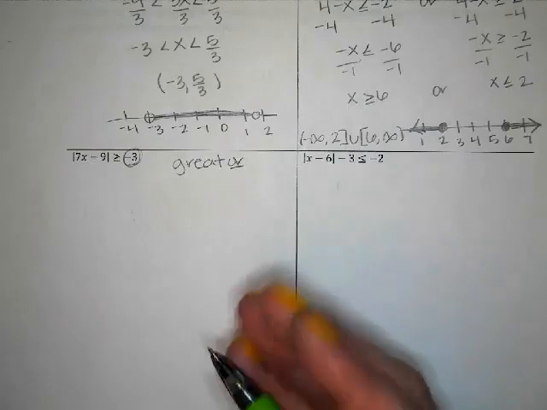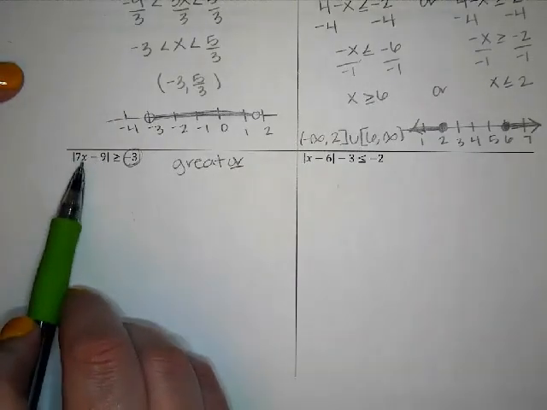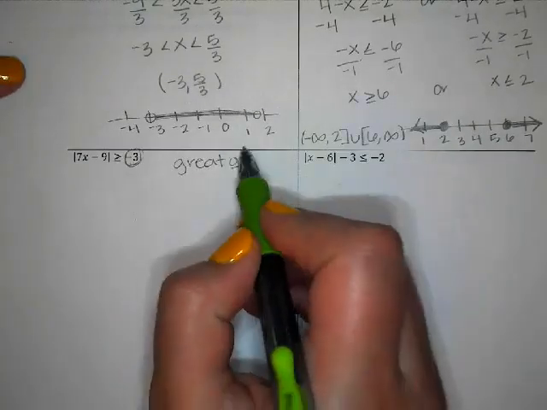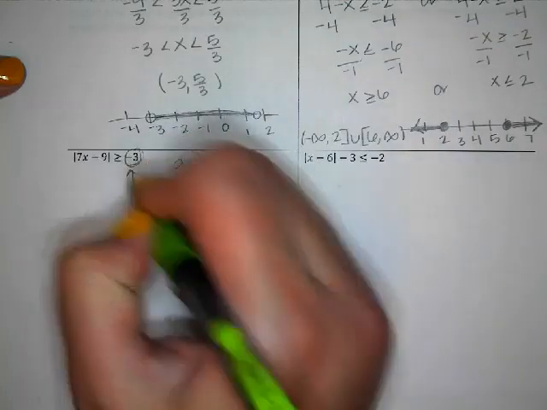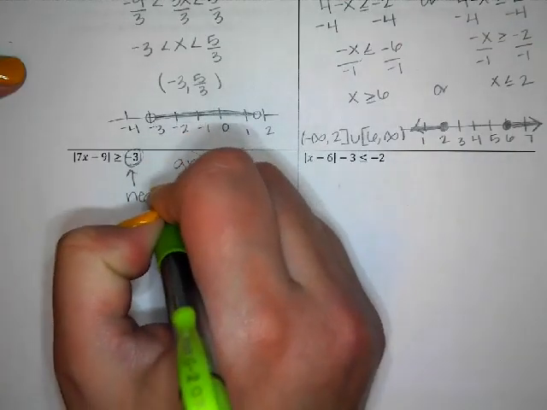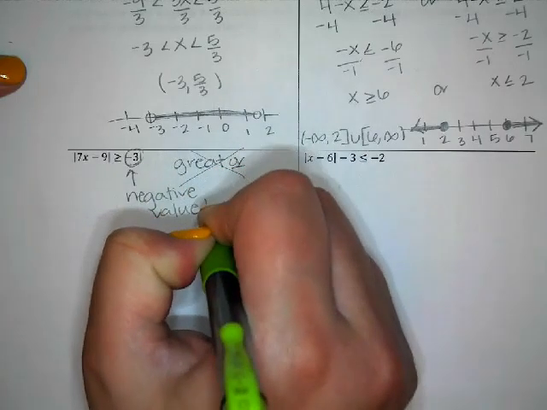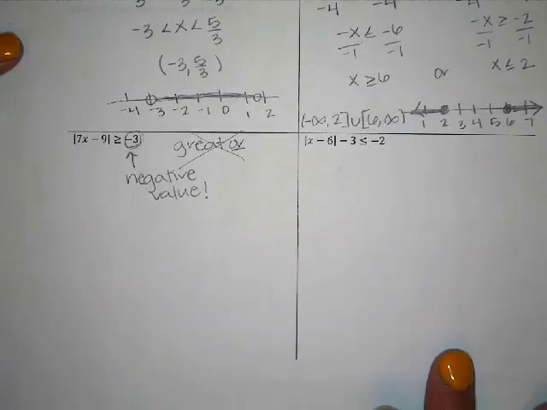So we're going to think of this instead knowing that absolute values always are positive. Distances are always positive. So I'm not going to do it like this, because this is a negative value. And negative values are kind of the exception to the rule.